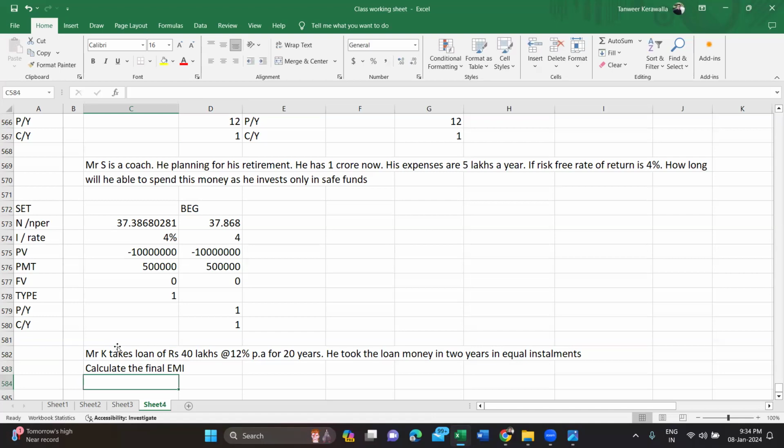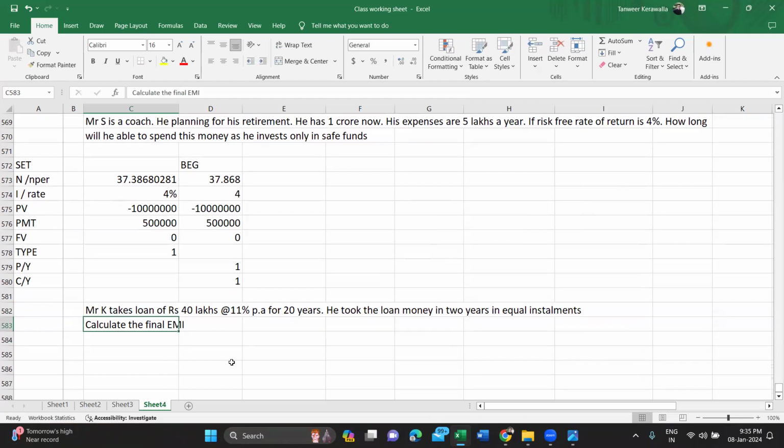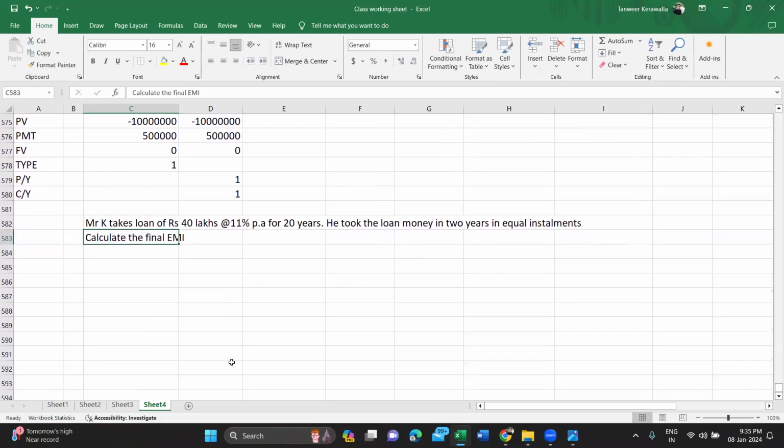Now, this is not a regular loan question which you've done before, right? I just changed it to 11% because I have solved it before at 11%, so I have the answer, right? So 11%. This is a loan he has taken, let's say a home loan, business loan, whatever loan, of 40 lakhs for 20 years. He's going to pay back the money. But he has not taken 40 lakhs in one shot.